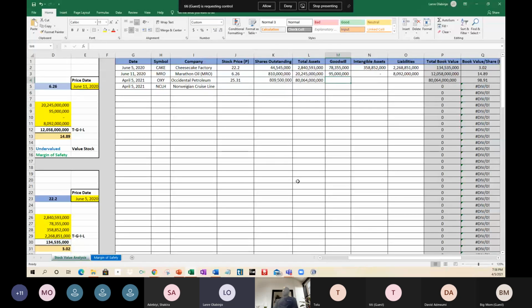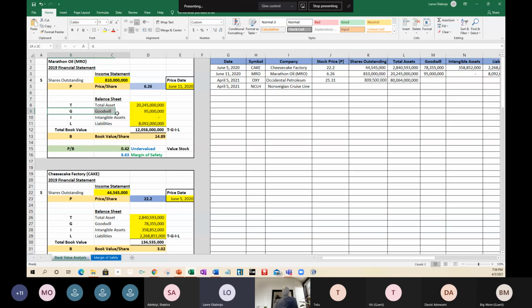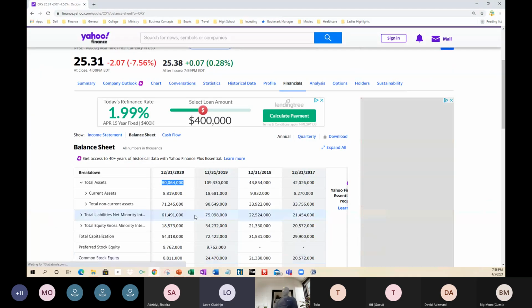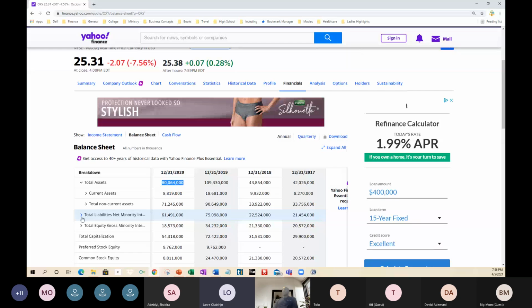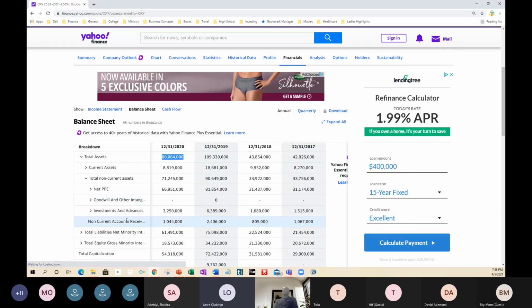Goodwill. Again, the goodwill is obtained from the balance sheet. So we'll go in and see if the company has a goodwill. Now, goodwill is an asset. I will explain this later, but you will find it under what is called the non-current assets.